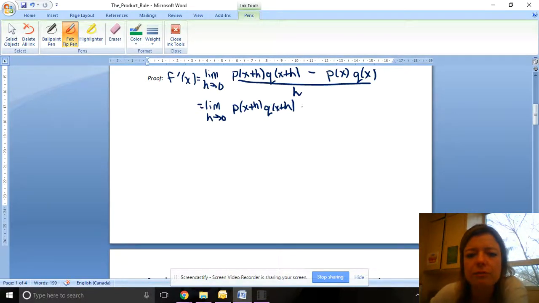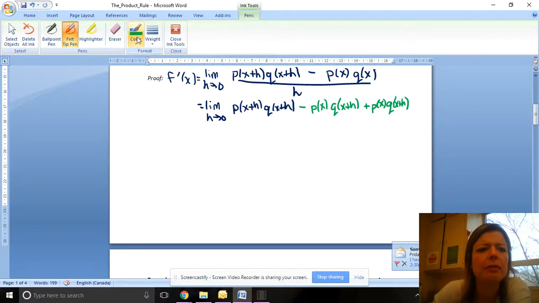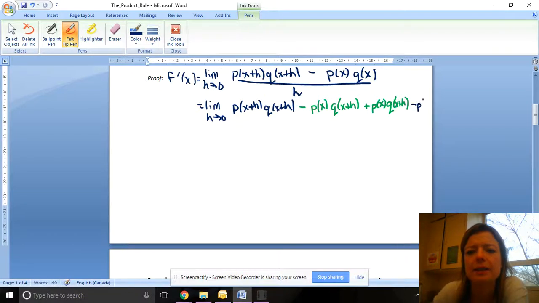So I'm going to subtract p at x, q at x plus h, and I'm going to also add p at x, q at x plus h. Okay, and then we are going to subtract p at x, q at x as before. So sorry, that's multiplied together. And this whole big shebang is over h.